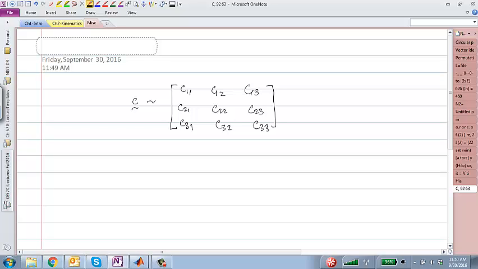So if I want to pick out the component, let's say 1, 2, from the components of C, can you come up with an expression in terms of the C tensor that would allow me to pick out component C12?